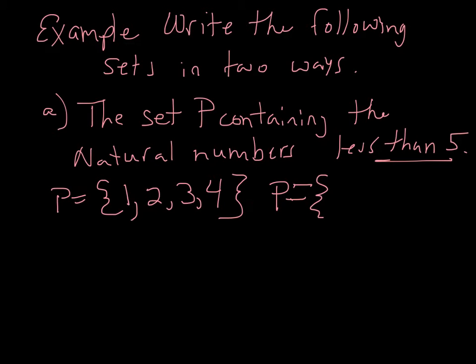P is the set of all x such that x is a natural number, and we can use that capital N. In mathematical circles, it's known as the natural numbers. And the set of all x such that x is a natural number, and then comma, and x is less than 5, and then our curly bracket. So those are the two ways we could write that set.